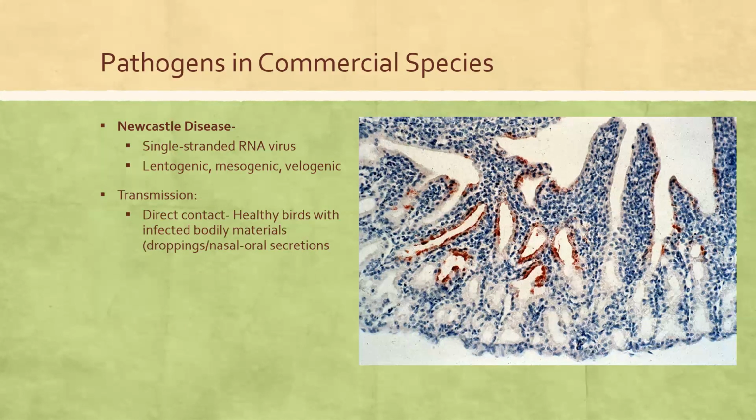Newcastle disease spreads through direct contact, meaning healthy birds have to come into direct contact with either an infected individual or their infected droppings or nasal oral secretions from an infected individual.